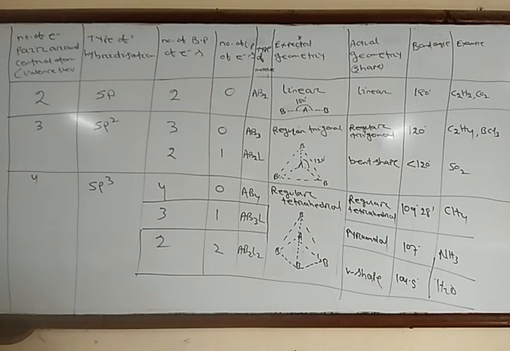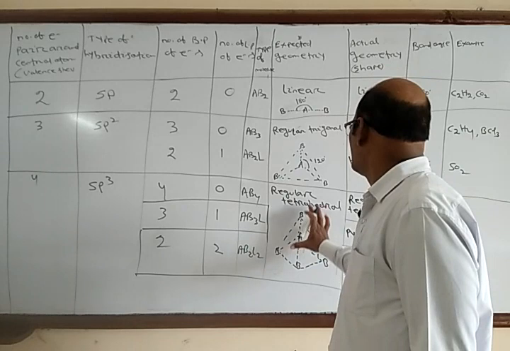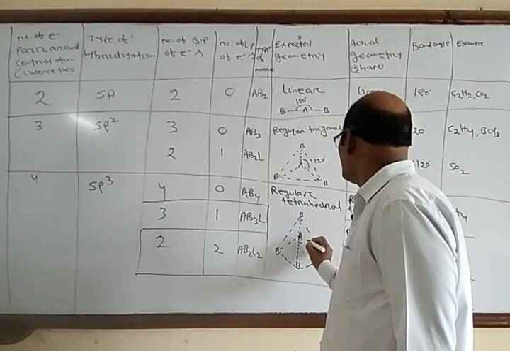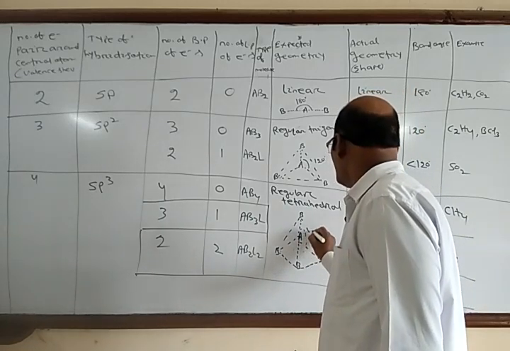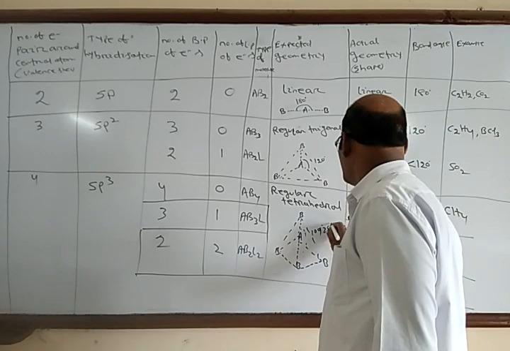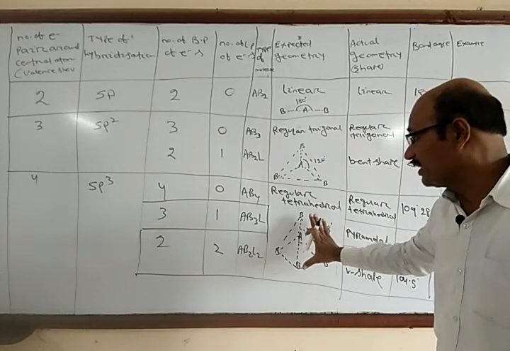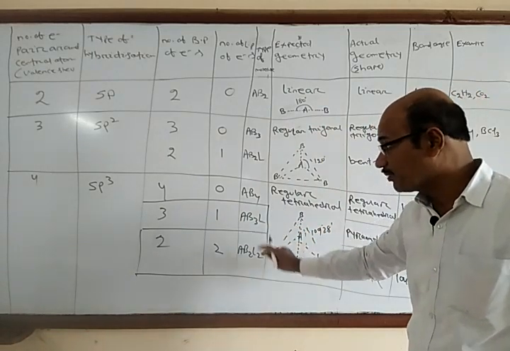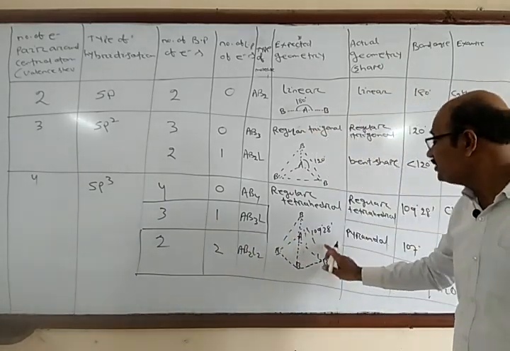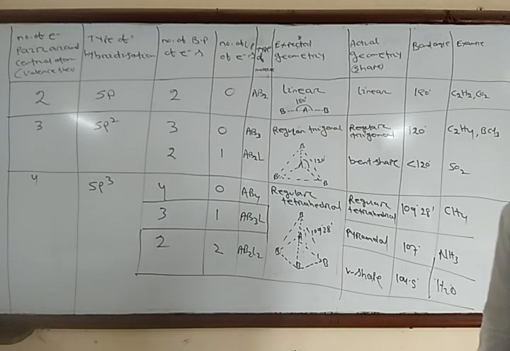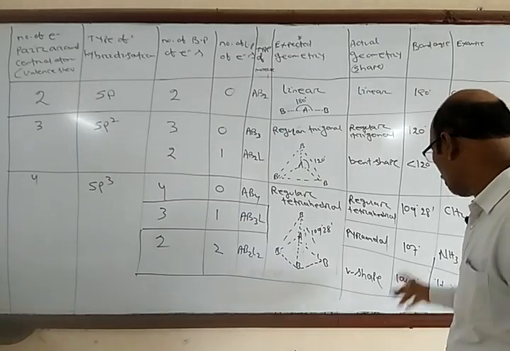So regular tetrahedron. This bond angle is 109.45 degrees, or 109 degrees 28 minutes. This is the expected geometrical arrangement for this also. But when we are going for AB3L, you will see this geometrical arrangement will be different. It will become pyramidal, and the bond angle will become 107 degrees.